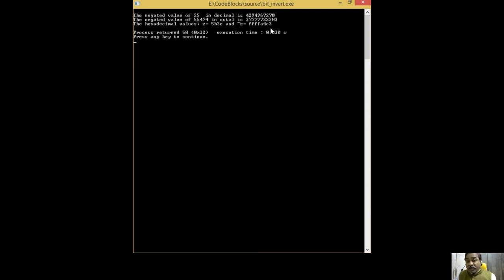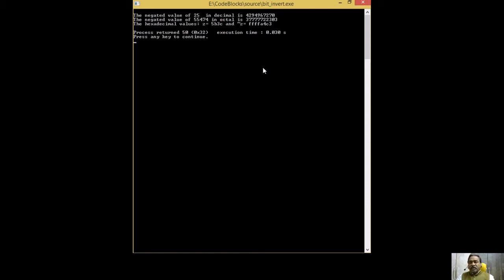This is the negation operation. It has happened on a bitwise basis, right? Though the machine implements it in binary, we are getting output in the format we have given. For the first one, we have used %u for decimal. For the second, %o for octal. For the third, %x for hexadecimal.